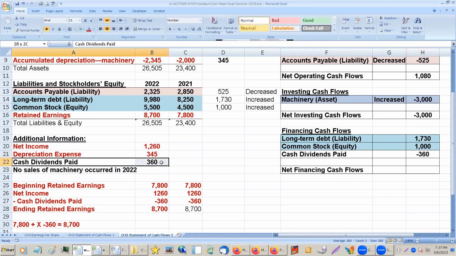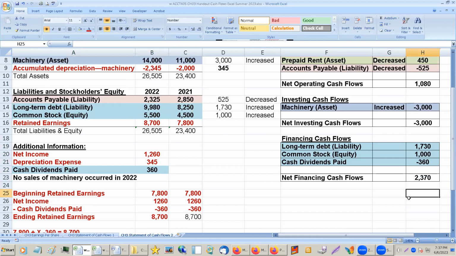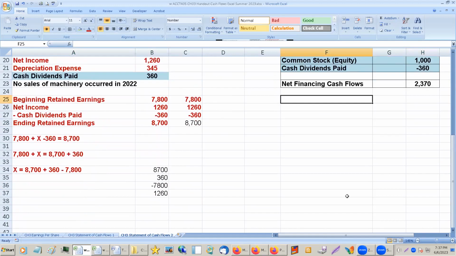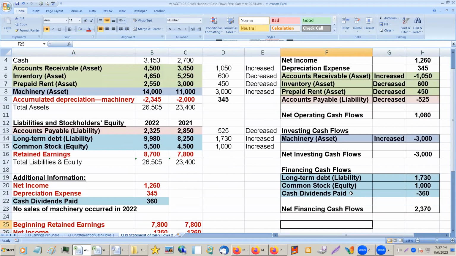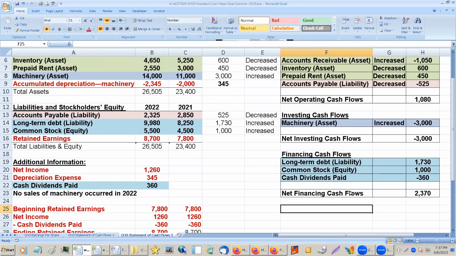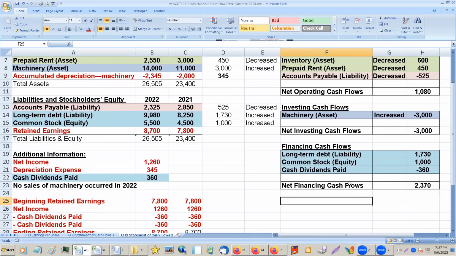Let's make that one blue too. Okay, so net financing cash flows are. Okay, now what we're going to do now is take all three of these.